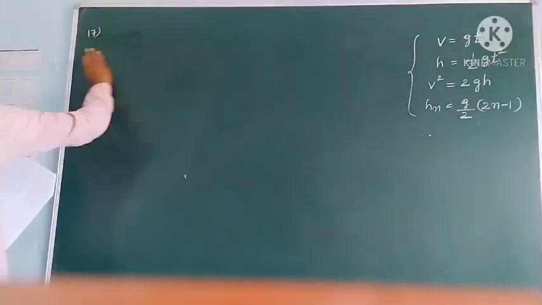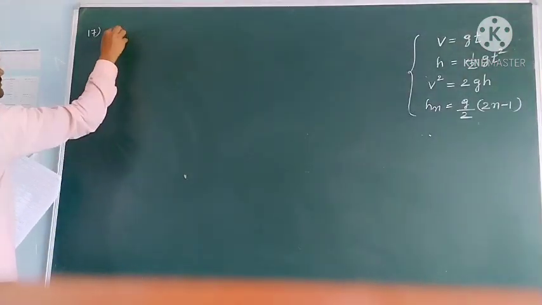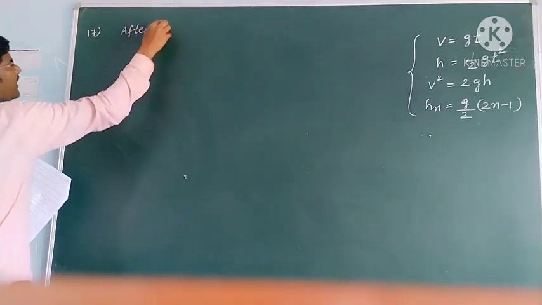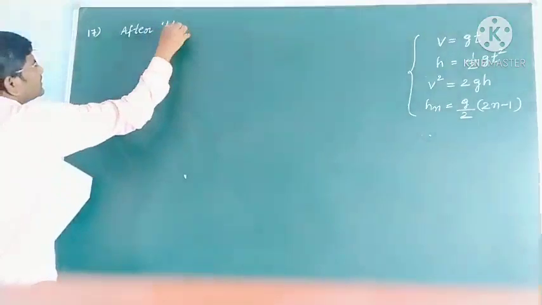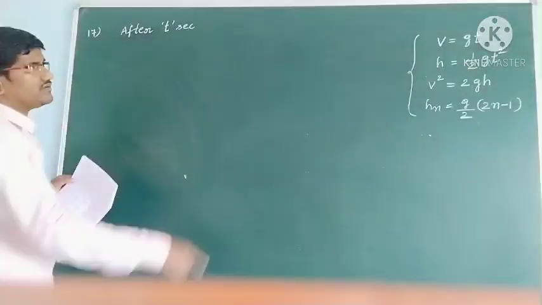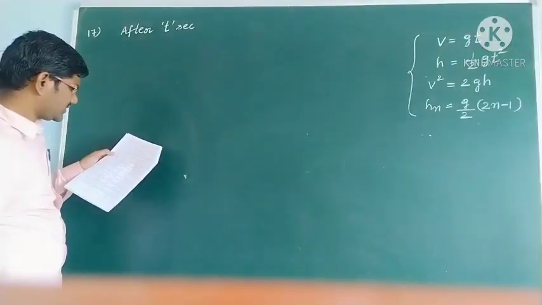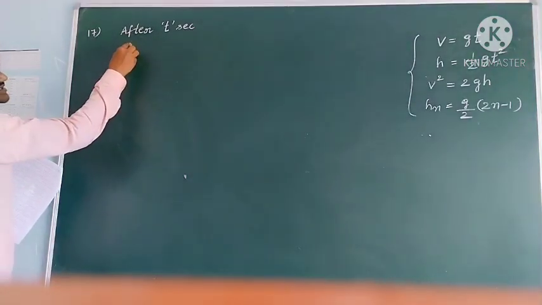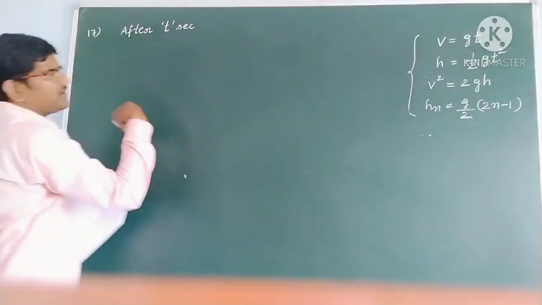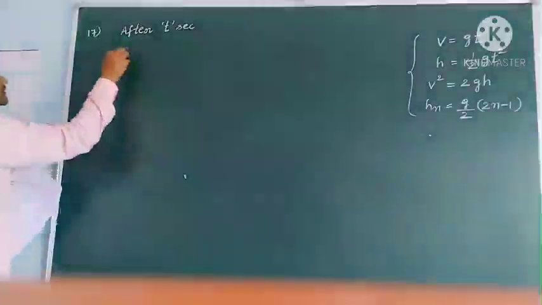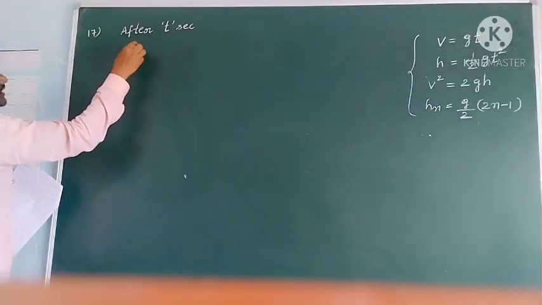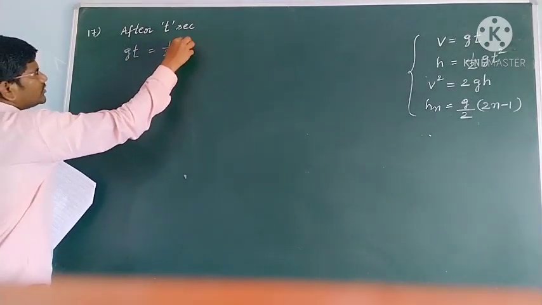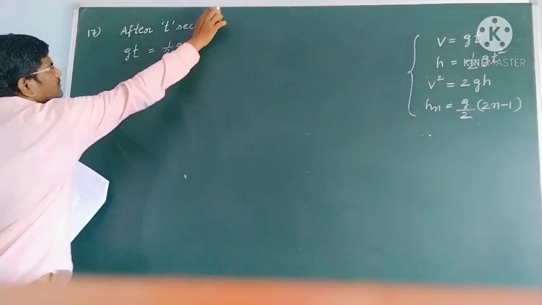So the velocity acquired after t seconds, for a freely falling body, is equal to the displacement they are giving. Velocity after t seconds means you just use gt, and displacement after t seconds, use half g t square.